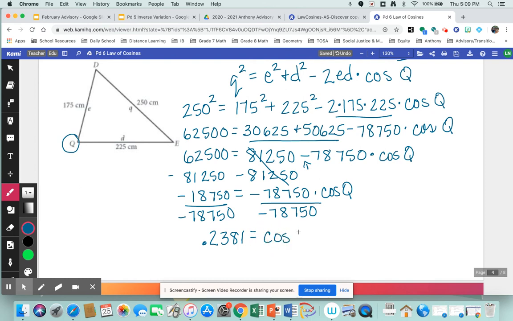That's equal to cosine of Q. So that means that we do the inverse of cosine, put in 0.2381 to get what Q is. And when you do that, you get Q is approximately 76 degrees.